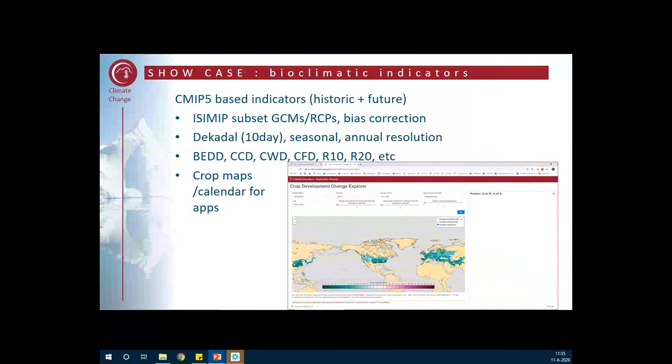And we aggregated many of the data already to 10-day intervals, things like growing degree days or consecutive dry days, or all these kinds of parameters, to a decadal 10-day interval, seasonal interval, or annual resolution for easy evaluation into the future. And again, also here we have an online app in the Copernicus system that combines it with crop maps and calendars to ease the type of evaluation you can do.